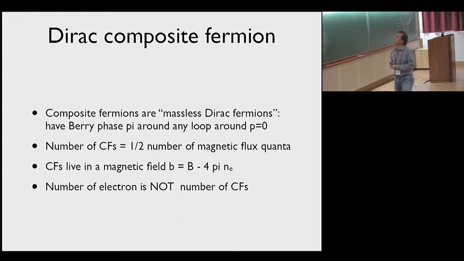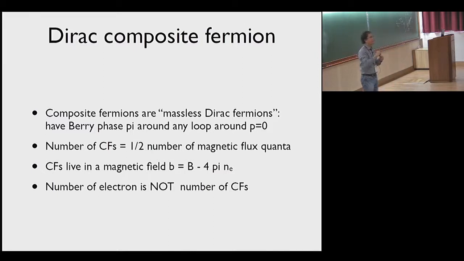The composite fermions are in some sense a Dirac massless particle, in the sense that it has a non-trivial pi Berry phase if I take this composite fermion around a loop that encompasses the point p equal to 0. In this theory, the number of the composite fermions is 1/2 of the number of magnetic flux quanta, and these composite fermions interact with the dynamical gauge field.